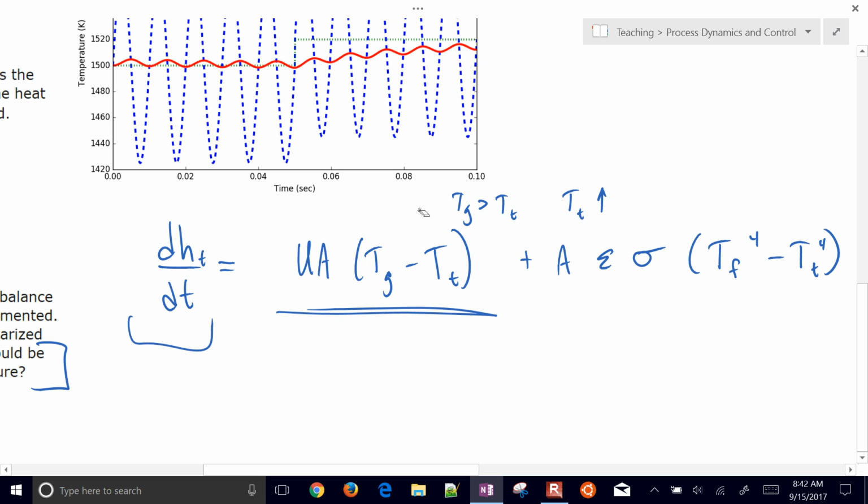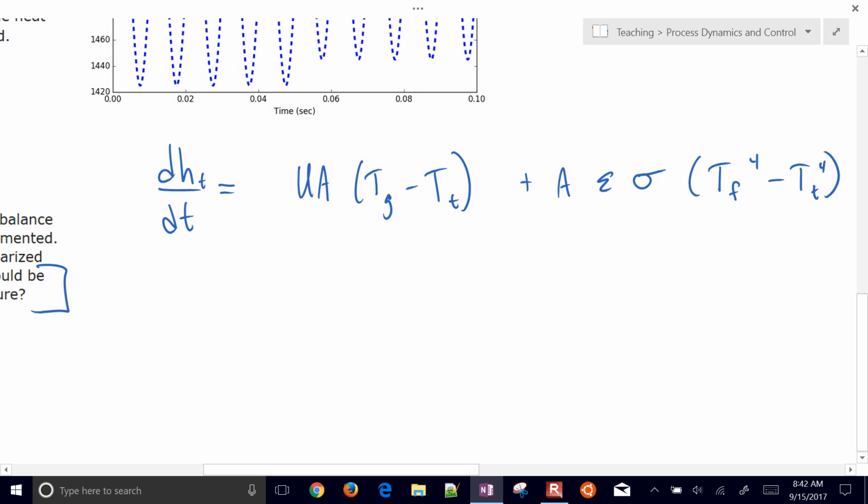So those signs are correct. And then if we also have a flame temperature greater than the thermocouple temperature, then we also know that the thermocouple temperature is going to increase, so we have a positive slope there. So I typically do that little thought experiment, make sure I have my correct signs there, and then move on.